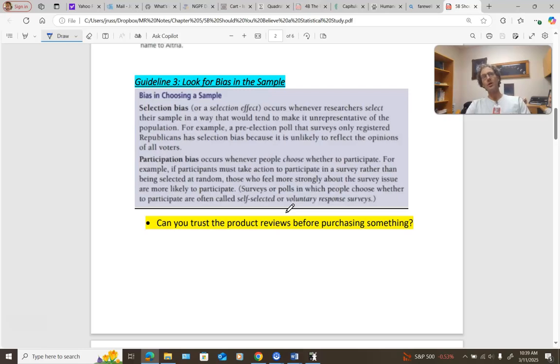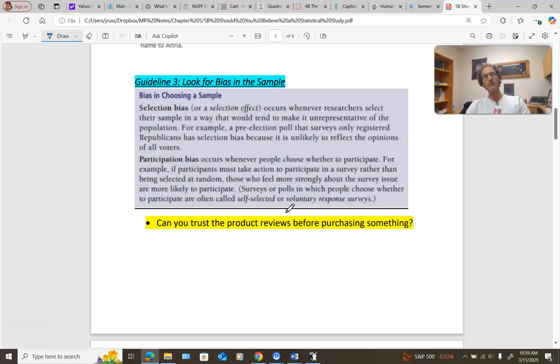Well, those reviews are optional. Okay. Those participants get to choose whether or not they leave a review. And so who is typically more likely to leave a review? A person that's really upset, or a person that really loves the product. Okay. A person that's very emotionally motivated to do so.